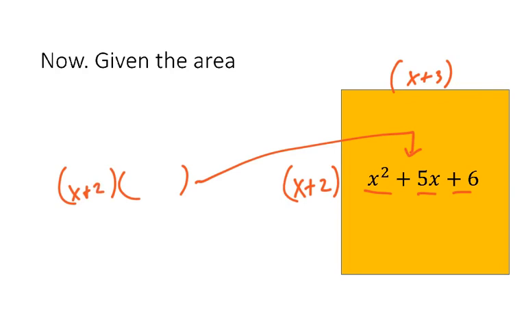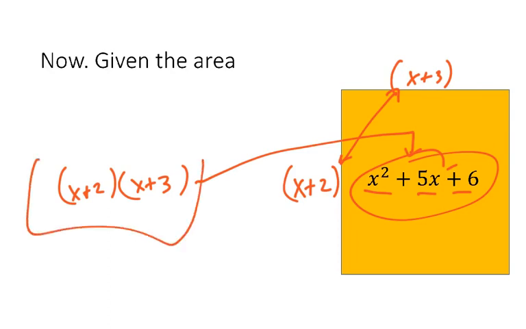And you can just try a bunch of different combinations, and it ends up being like this. And so when you look at this, there are certain strategies that can happen, but the big picture is that these two things, the side lengths, the length and the width, have to multiply together to get this area. And so whatever we choose as factors, again, this being the factored form, has to multiply together to get that area.